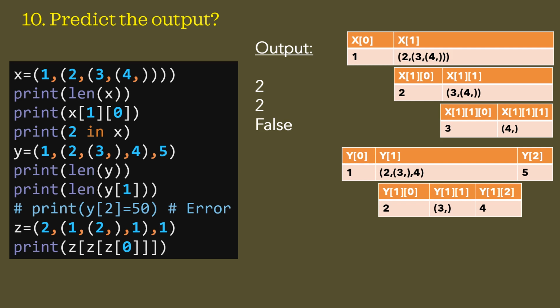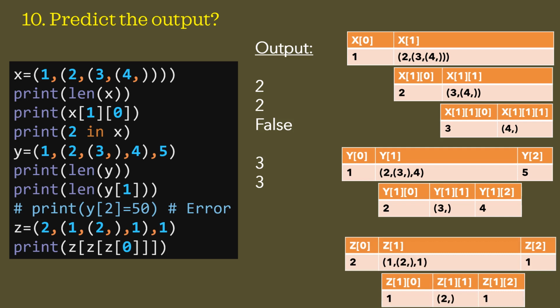Now if you print length of y of 1, y of 1 is an inner tuple and its length is 3, so you will get the output 3. And length of y is also 3 because there are 3 elements in the tuple y and 3 elements in the inner tuple present at y of 1. Now print y of 2 equal to 50. This is going to give you an error, because we cannot assign a new value to a tuple.